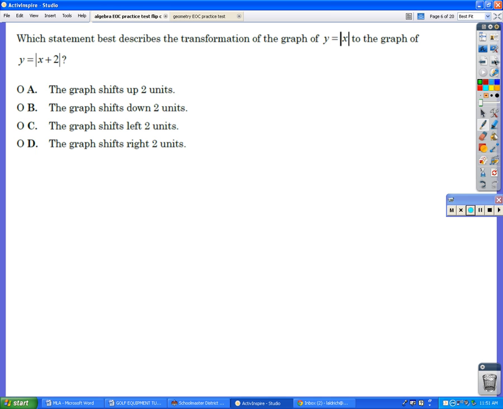So since this is an x plus 2, inside the absolute value symbols, it's going to move it 2 to the left, okay? So what Jolena said is the key for you to remember for the next 3 days in here. Outside goes up or down, inside goes left or right, and when it's inside, it's the opposite direction of what you think.